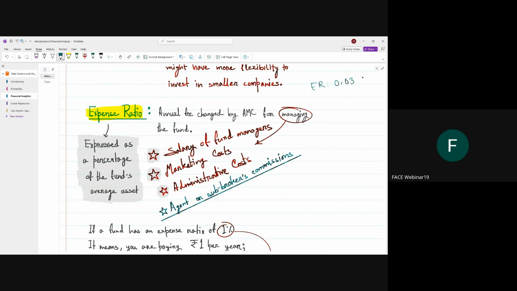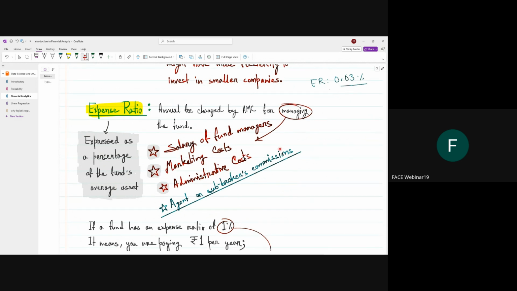So whatever you're paying, this percent is deducted and paid to the AMC. This is an annual fee charged by the AMC for managing the fund. Managing as in the salary of the fund managers, marketing, admin costs, infrastructure costs, and other stuff.